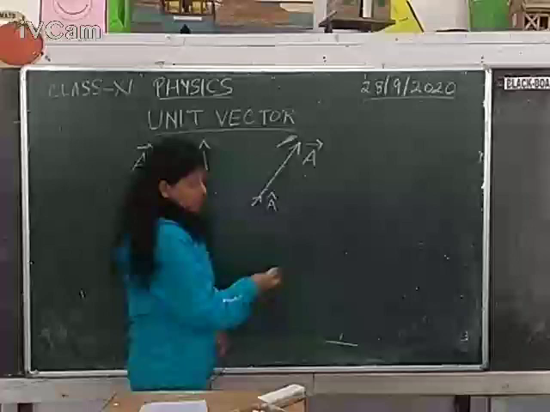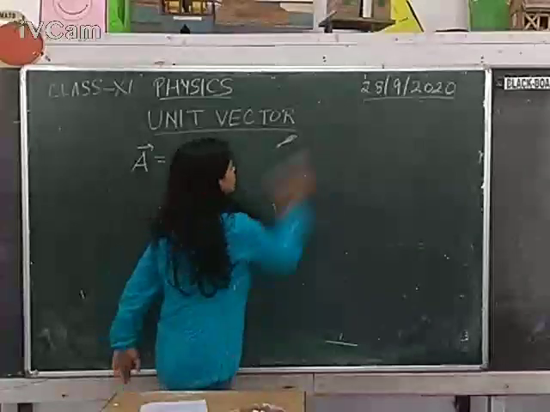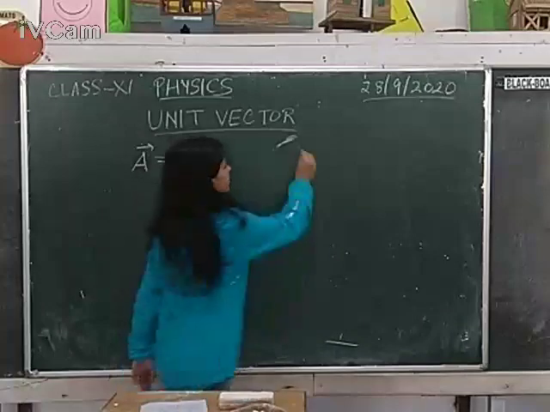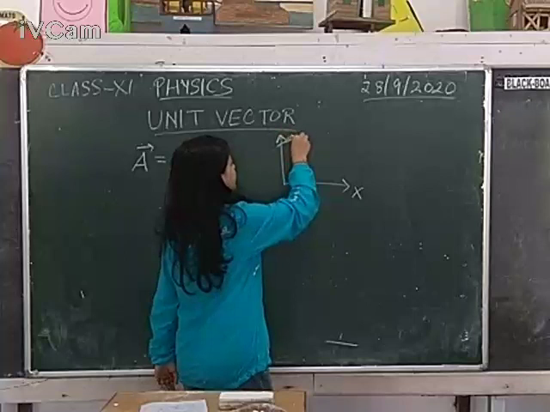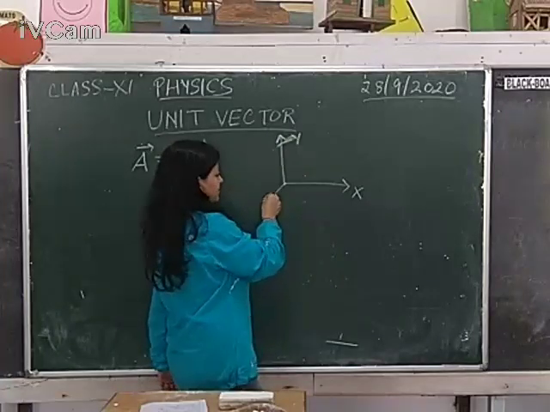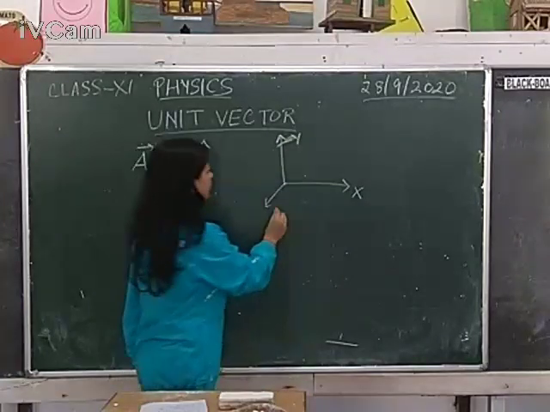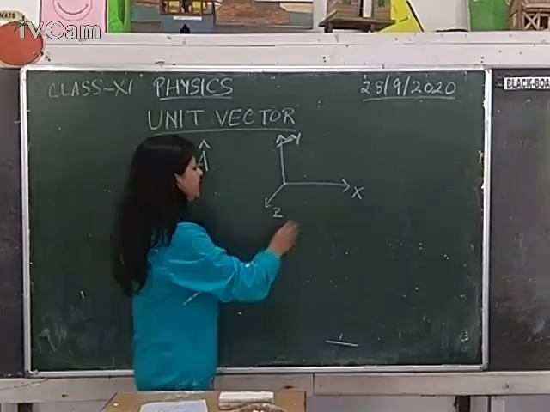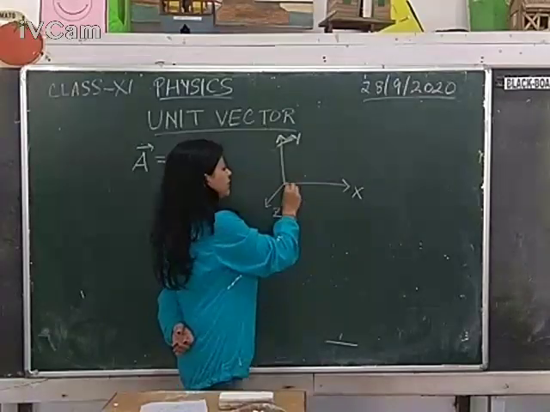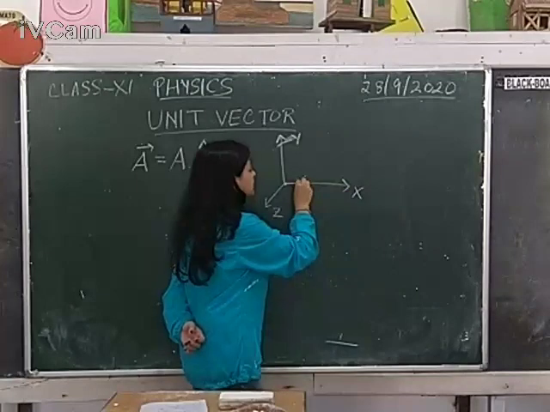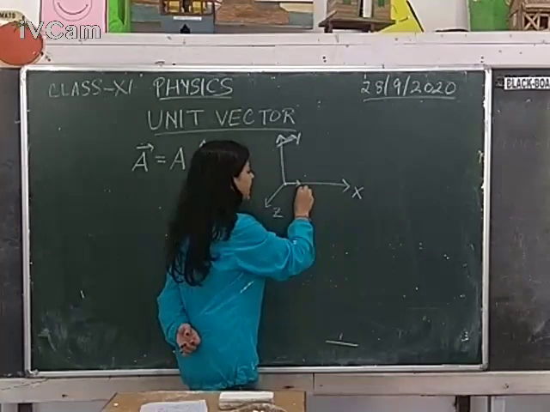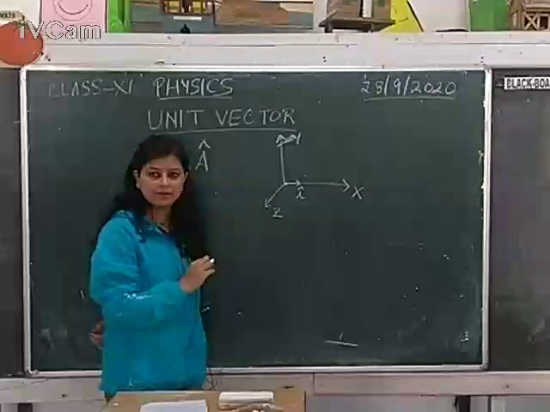So Cartesian coordinate system contains three axes: x, y. This is a 3D diagram, so z will be coming out of the plane of the board. So this is z. Now if you have a vector directed along the x-axis, the unit vector for this one will be equal to I cap. So this is the first orthogonal unit vector.